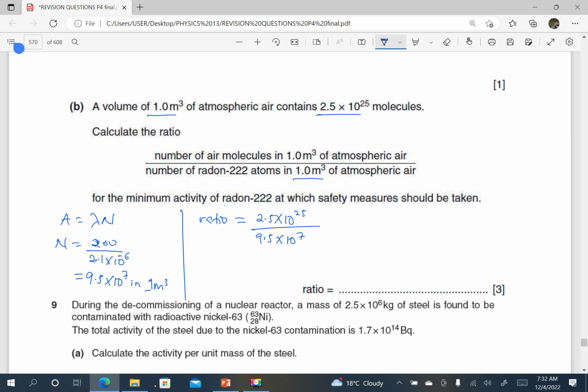From my calculator, the ratio is 2.6 times 10 power 17.